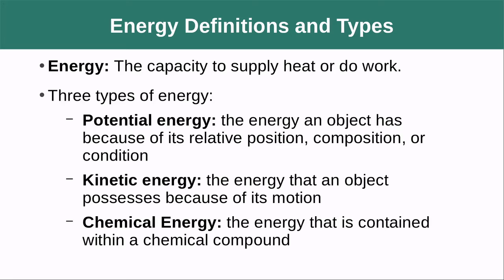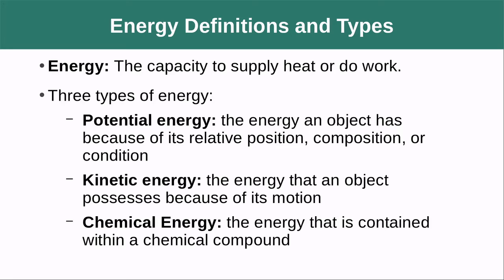So energy is the capacity to supply heat or do work. So any time that anything gets hot, or it absorbs heat, or it's physically moving around, it's expending energy. There are 3 types of energy that we're going to talk about at first.